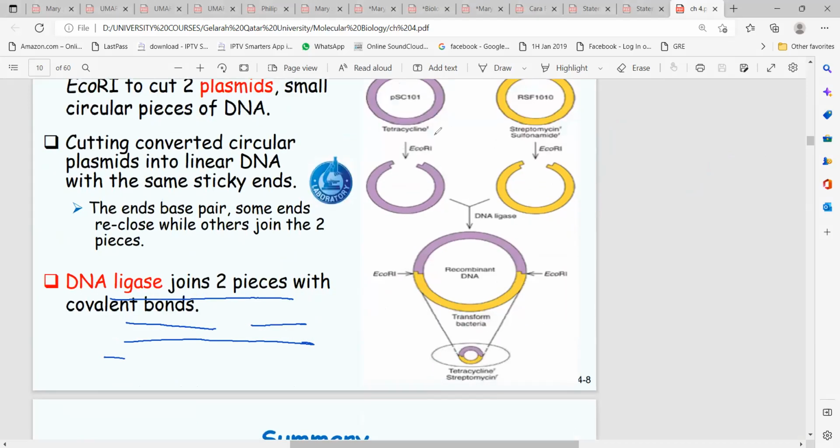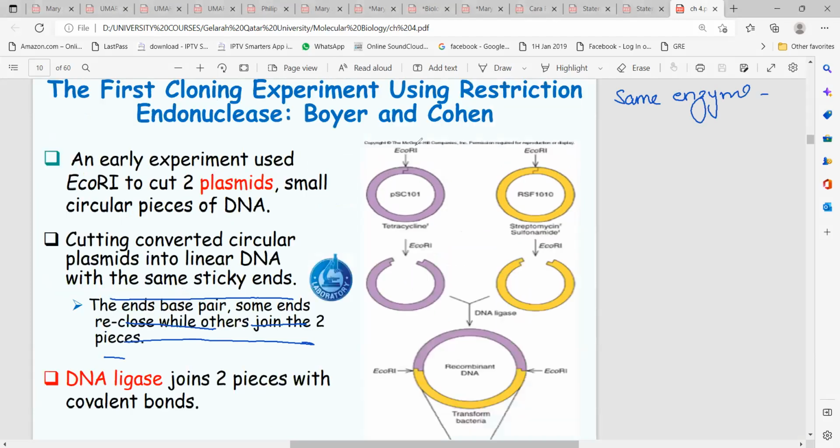Now, two different plasmids are cut by the same enzyme, E. coli restriction endonuclease. So it cuts at the same point, both of them. What will happen?